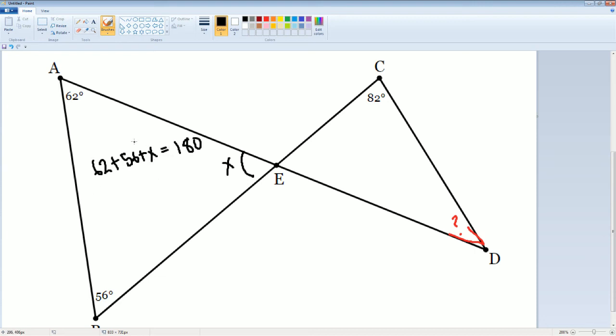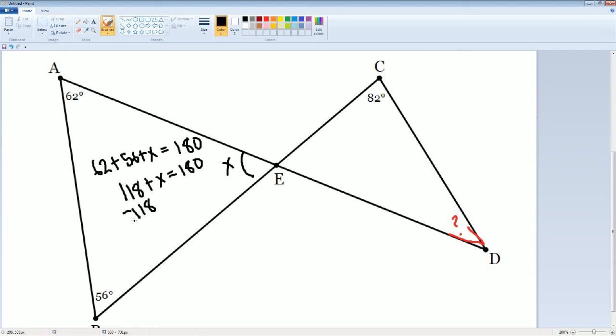So let's do that math. 62 plus 56 is equal to 118, plus x is equal to 180.